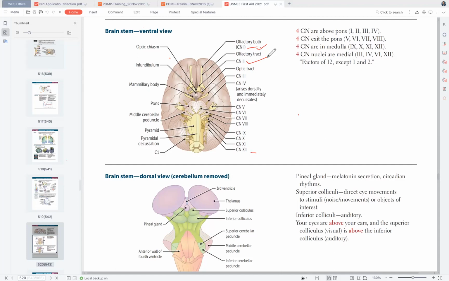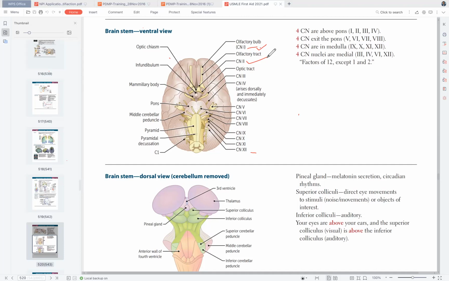Cranial 2, I think it's on the next page. We can look at it. Cranial 1, olfactory. Optic is the 2. And then oculomotor is the third nerve, cranial nerve 3. And then cranial nerve 4 is the trochlear. Correct.